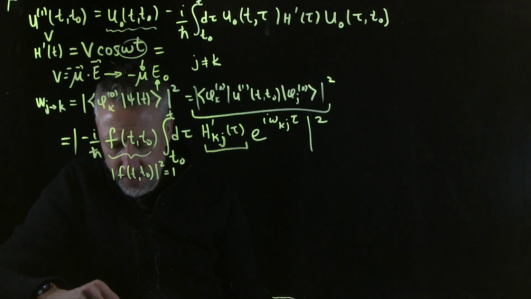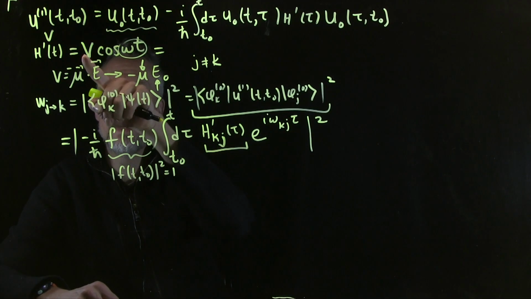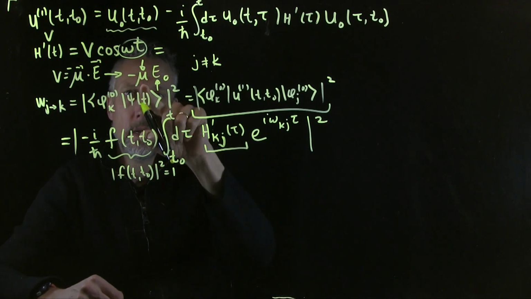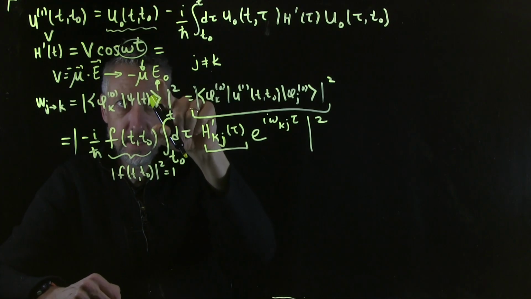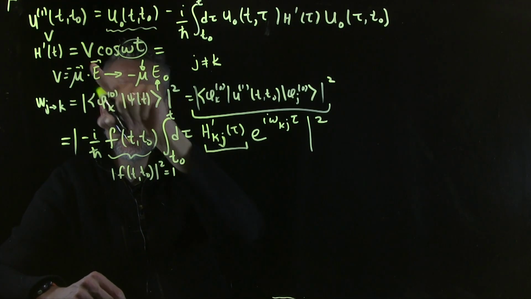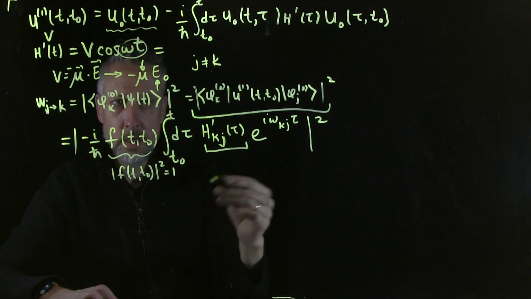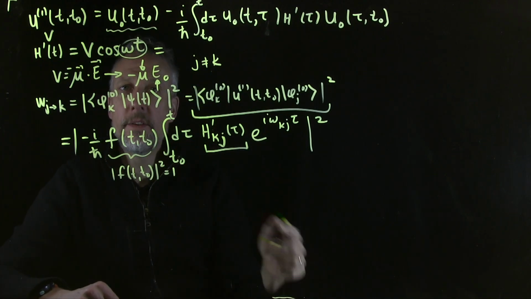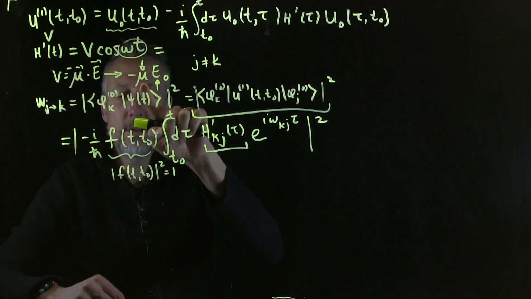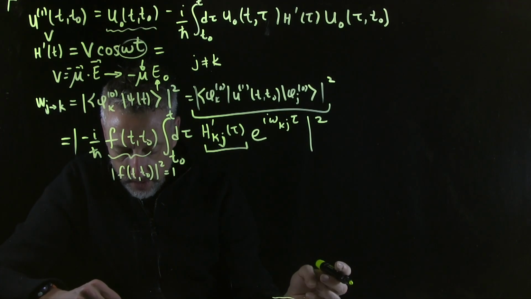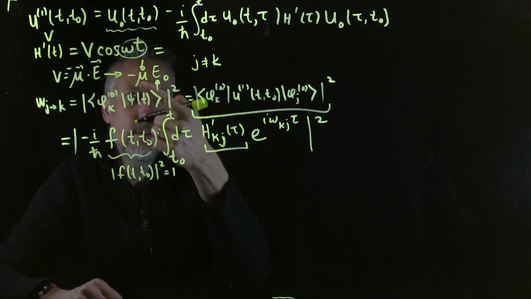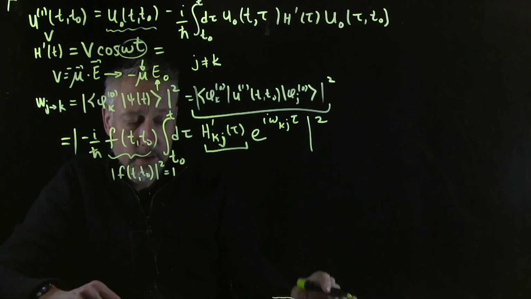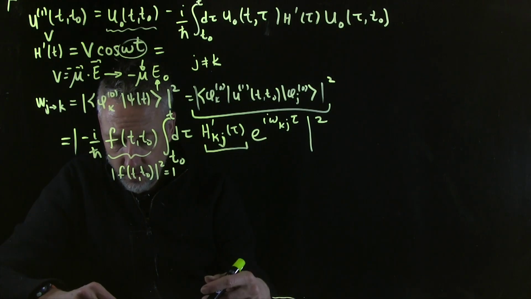And h prime_kj we know is going to be a number: this magnitude minus mu the magnitude times E naught the magnitude, which we'll just call v, times cosine omega t. I shouldn't say just the magnitude; this is not the magnitude, this is the operator here. I'm just going to leave that in as a transition dipole matrix element that you would need to calculate for whatever spectroscopic condition you are looking at.